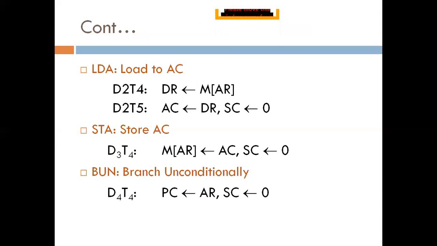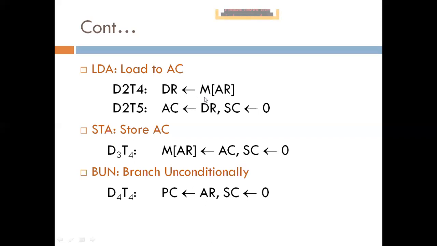Now, the next memory reference instruction, load AC. That means put the data into the AC. From where do you put the data into the AC? From the memory: the address stored in the AR register, take the data from that memory to DR and copy the data from DR to AC.